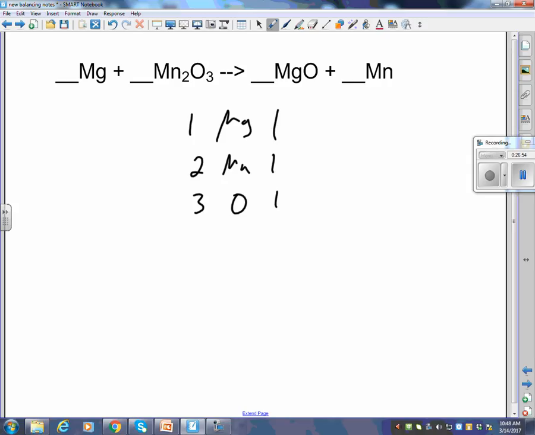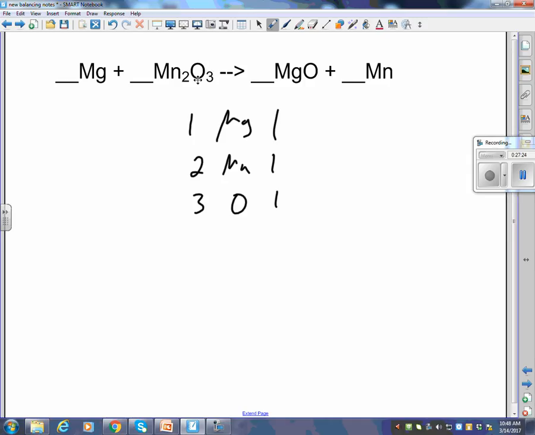Okay, where do you start? Start with the Mg's. They're both 1 though. We're going to make more Mn's, right? Okay, if I put a 2 here, then that's going to balance that one, but my O's are still going to be out of whack, right? And the only way to make these O's balance, there's no way I can make, oh no, I could make that 3, couldn't I? Okay. So this might be a case where changing it to even might not be helpful. But you know what, let's just see what happens here.